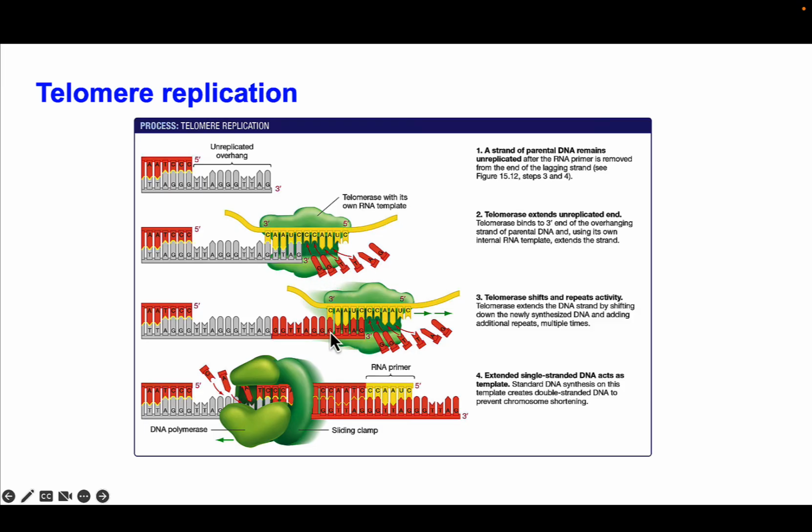It's going to add a few, then move down a few more, and repeat this multiple times, basically growing the parental lagging strand. Then, once it's repeated a few times, the original primase is going to add an RNA primer, and then DNA polymerase and the clamp are going to come in and fill in the rest of this sequence. So this is exactly how we make sure we don't delete the ends of our chromosomes at these telomeric regions.